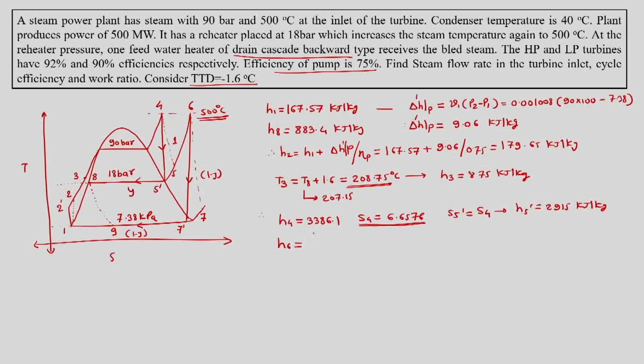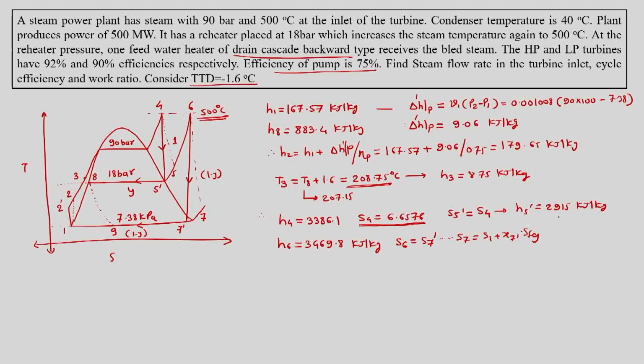Similarly, we can see it for H6, which is at 18 bar and 500 degrees Celsius. So we have H6 is equal to 3469.8 kilojoule per kg. We will keep also noted S6, and then S6 will be equal to S7 dash, and from that we can find out S7 dash is equal to S1 plus X7 dash into SFG.